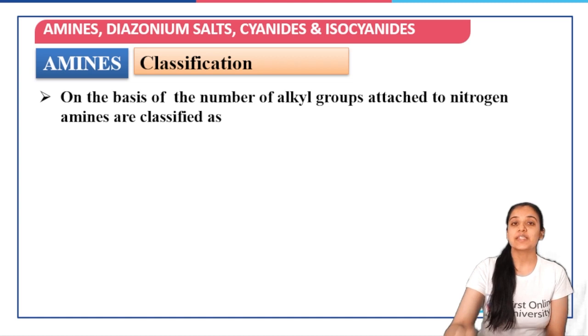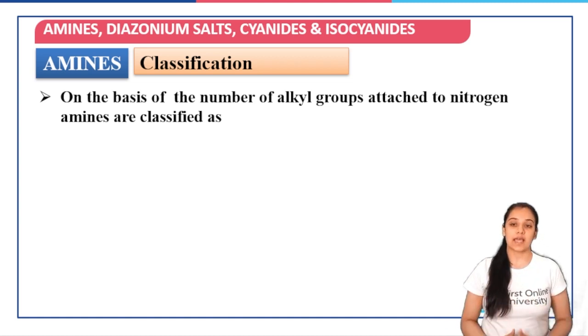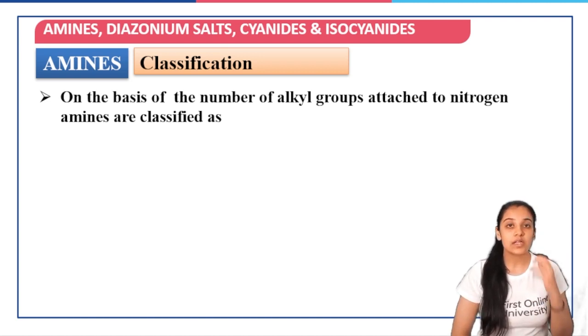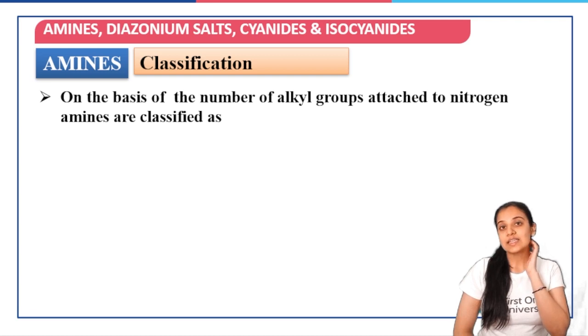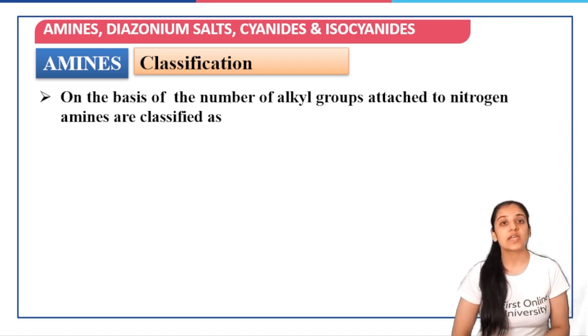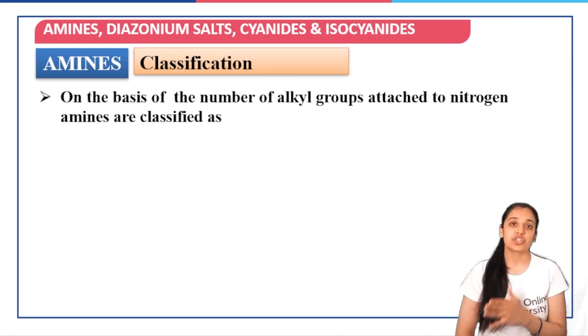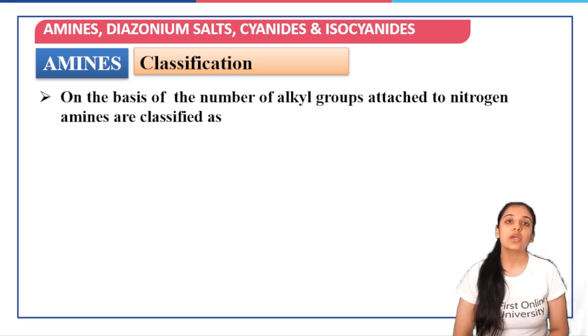Now, let us first classify amines into various types. If you remember, when we were discussing alcohols, phenols and ethers, we discussed in detail primary, secondary and tertiary alcohols, and we classified them depending upon the number of hydrogen atoms attached to the carbon atom that contained the OH group.